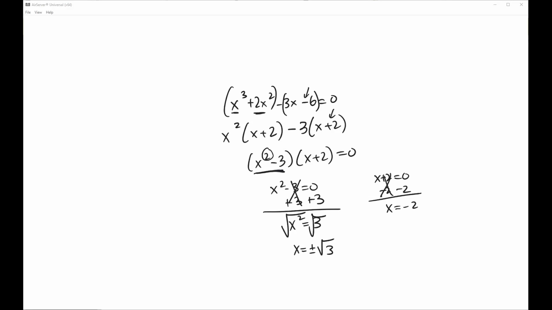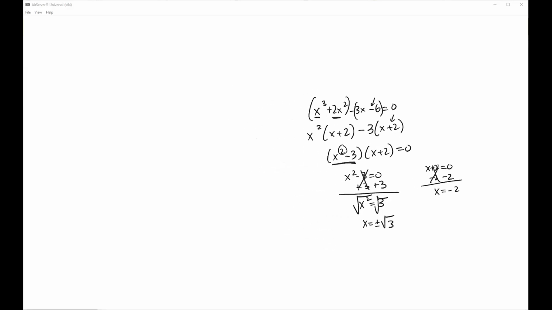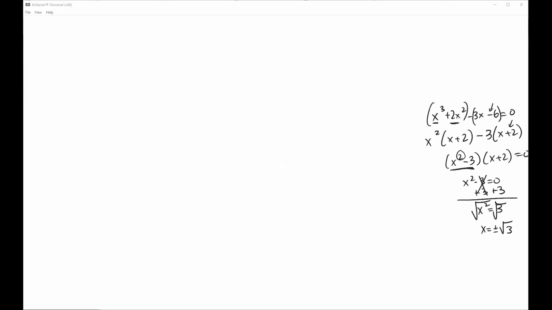Okay. All right, next problem is x to the 4th power plus 4x squared plus 3 is equal to 0. Since the highest power is 4, and the next highest power is half of the highest power, we can use the substitution method.